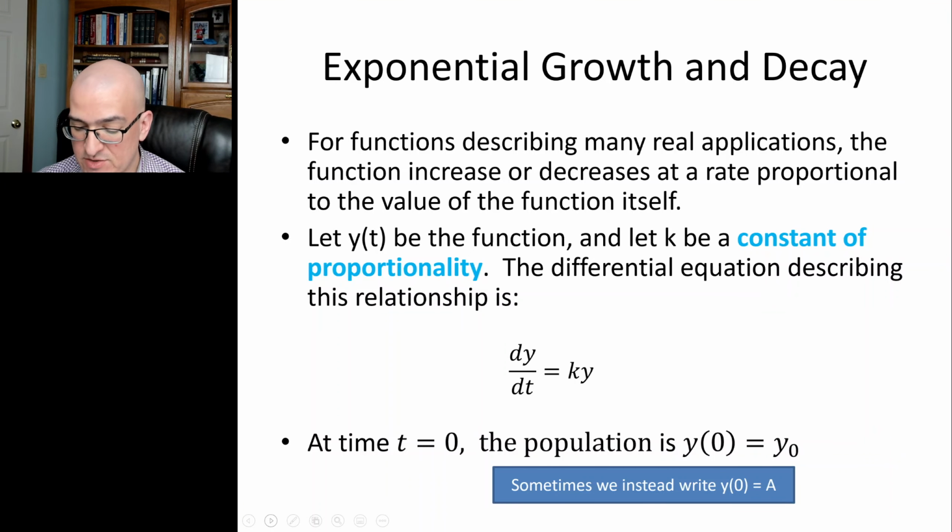And sometimes that's denoted as y subscript 0 or y sub 0. Just a notation thing. I'll use them interchangeably. Another notation that's sometimes used for initial population is capital A or capital P. Just different letters that all denote the same thing.